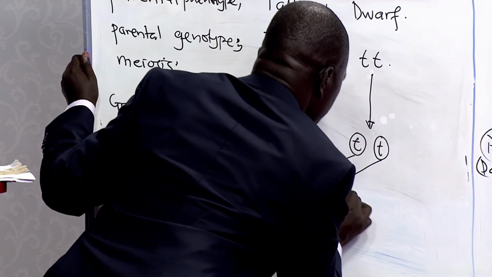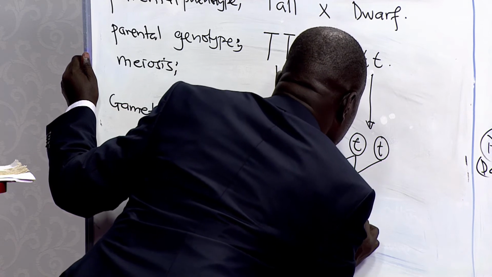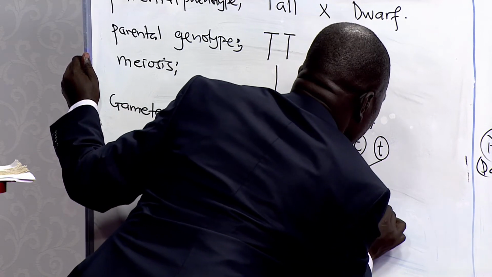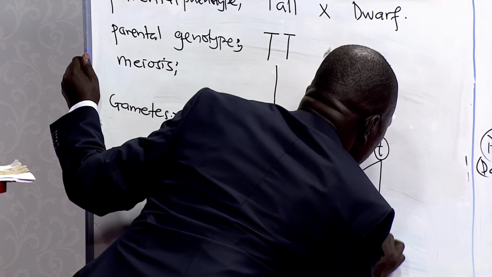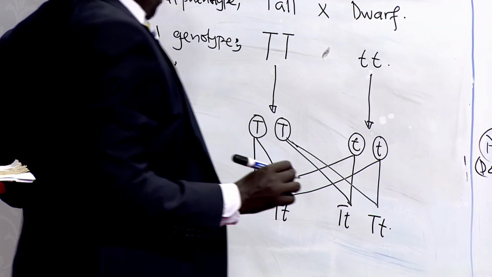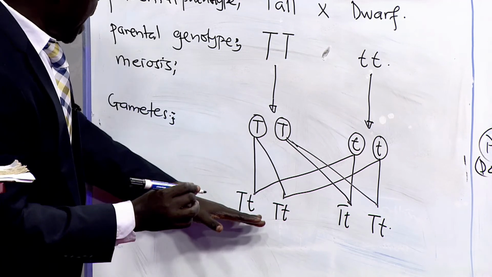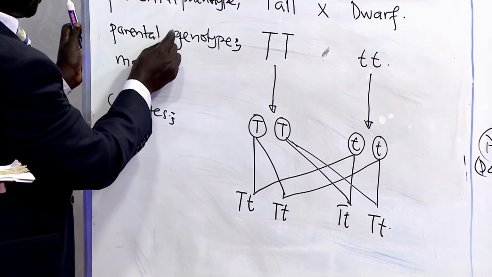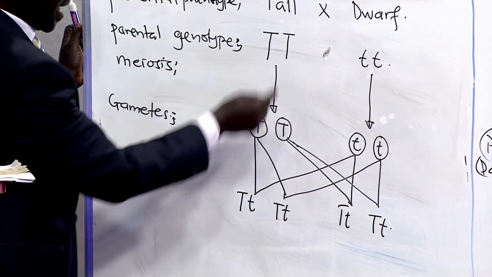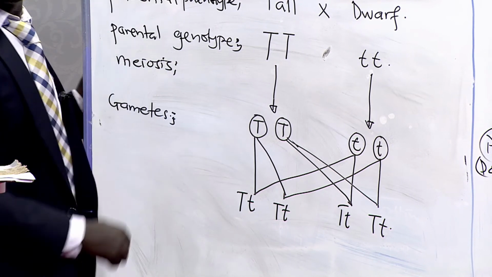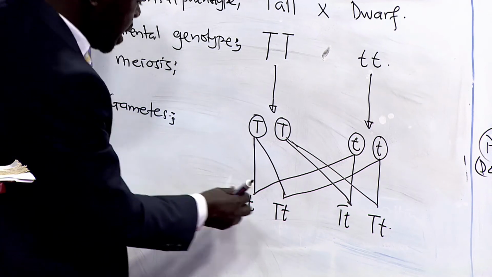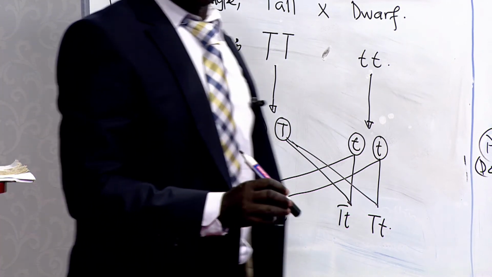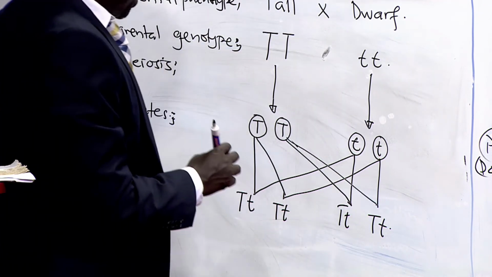And then we have this capital T, small t. Capital T also and small t. Very good. What are these we have got? These are the genotype. Just like they are occurring in pair, these ones are occurring in pair.